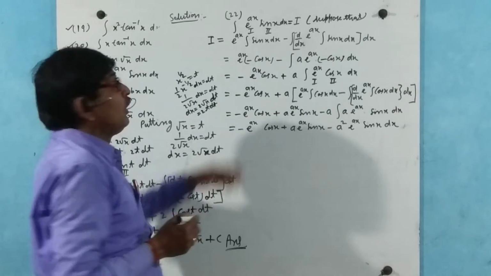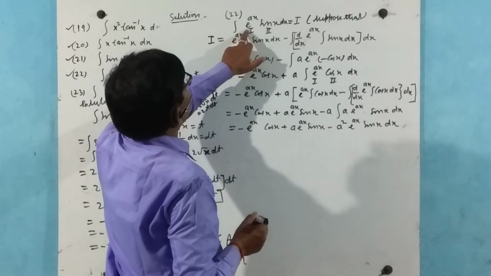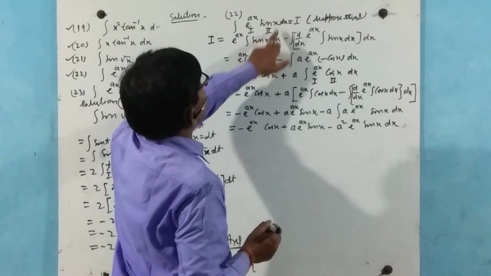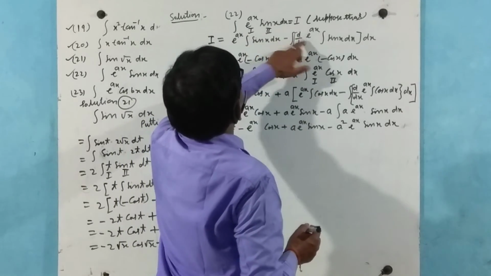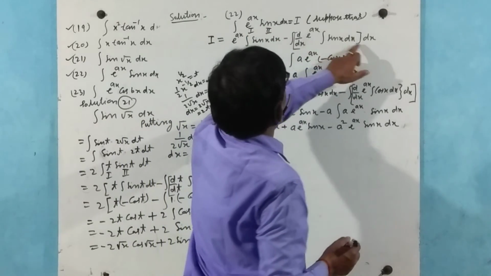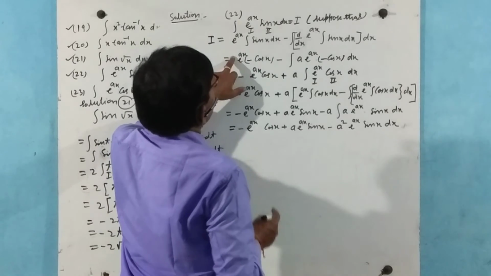Apply the product formula: first function, integration of second function, minus differentiation of first, integration of second, and whole integration of the whole function.